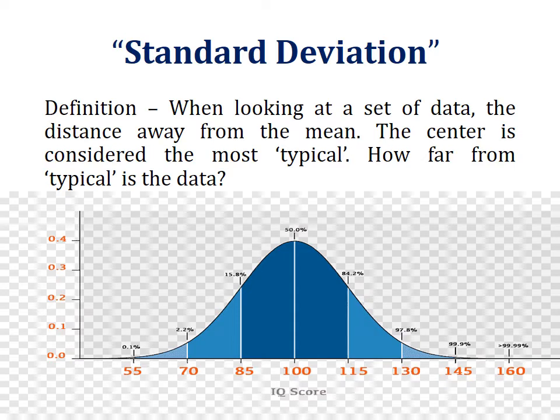First I want to discuss the definition of the standard deviation. Basically, standard deviation looks at a set of data: the distance away from the mean, where the center is considered the most typical. How far from the typical is the data?